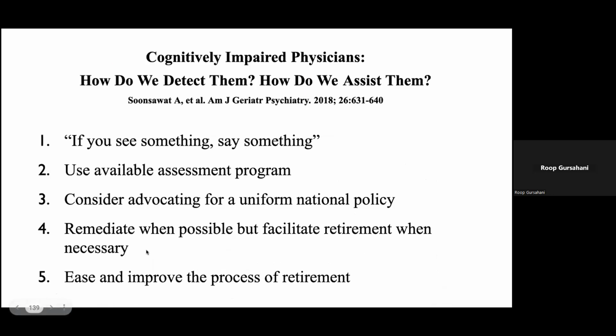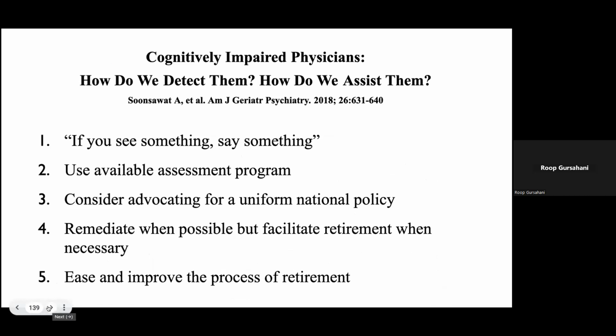For all of us, it's important to understand that probably the first thing is, if you see something, say something. If you have any role in this responsibility, then you have to get them to do a basic workup and actually ease and improve the process of retirement.